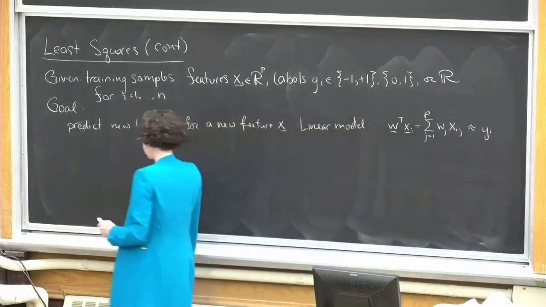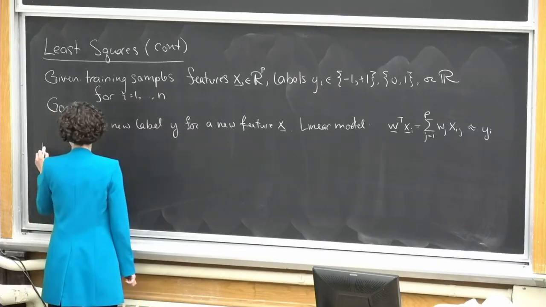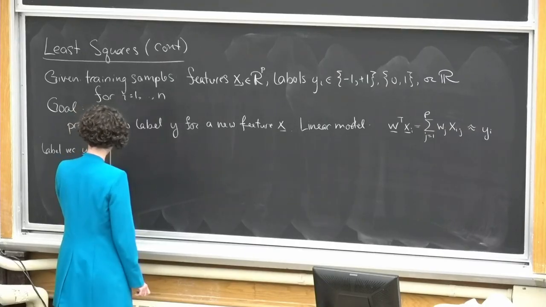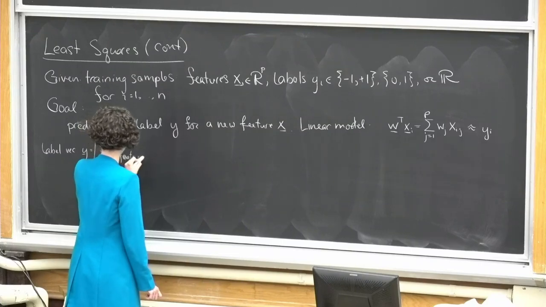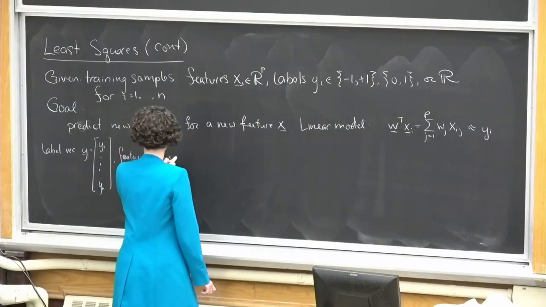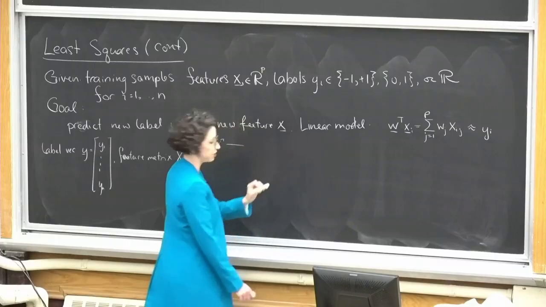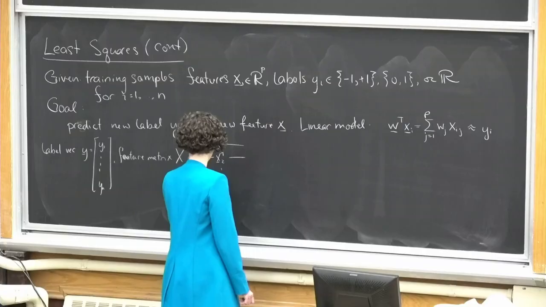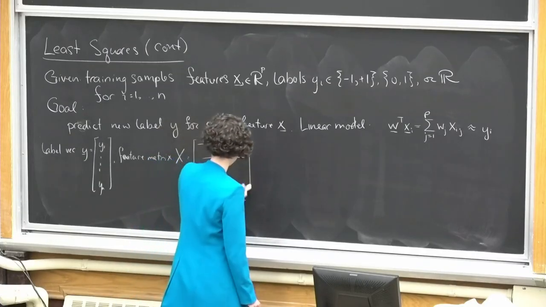So we said before that we can write this a little bit more simply using matrix vector notation. So we could have a label vector, y, which just has labels y1 through yn in it. And we could also have a feature matrix X, where the first row is the first feature vector transpose, the second row is the second feature vector transpose, all the way down to the nth row, which is the nth feature vector transpose.